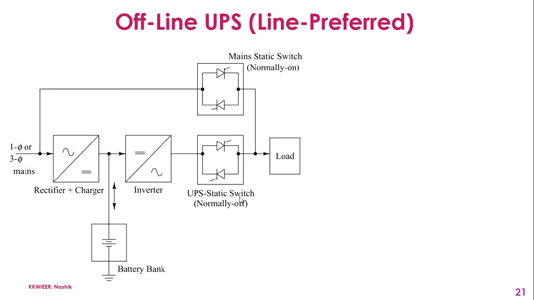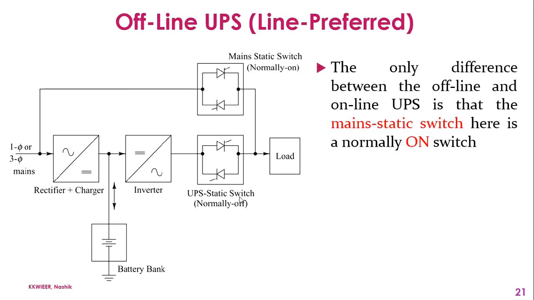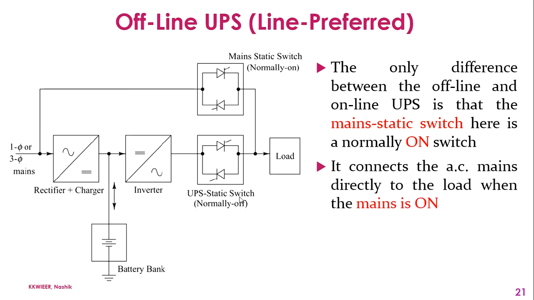Then talking about the offline UPS, which is line preferred, the only difference between offline and online UPS is that the main static switch here is normally in the on state. It connects the AC mains directly to the load when the mains is on. So here you can see the main static switch, which is in normally on mode, directly connected from the AC main line to the load.